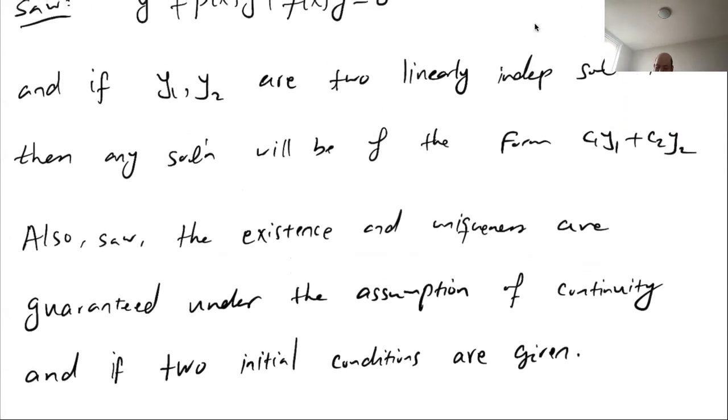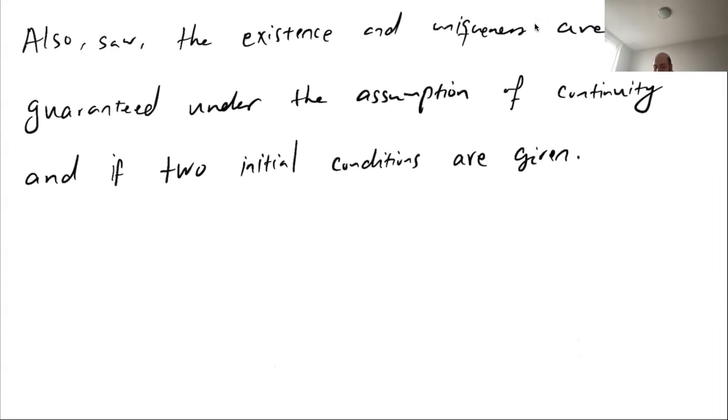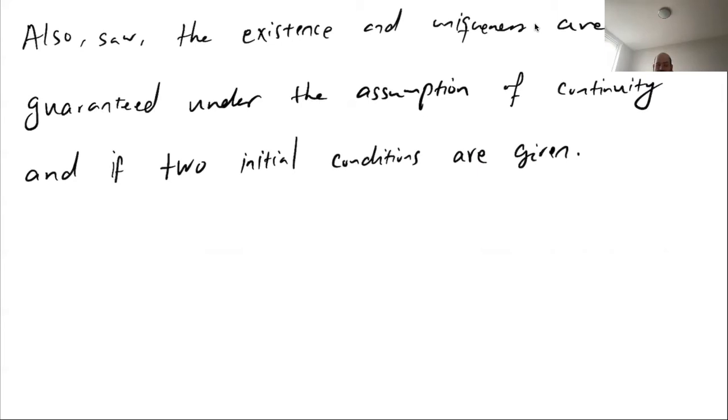So this is about existence and uniqueness of solutions and how to find a general solution if we have two linearly independent solutions. Now, we want to look at how we can find the solutions.